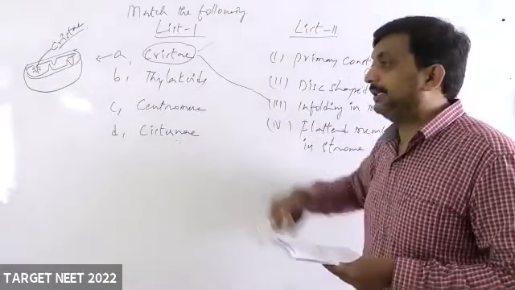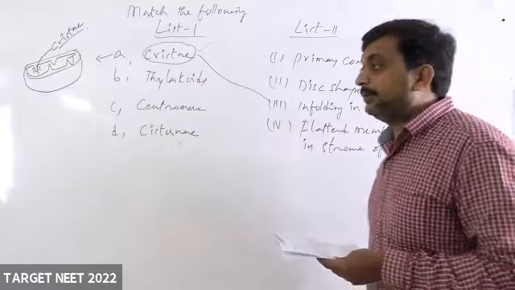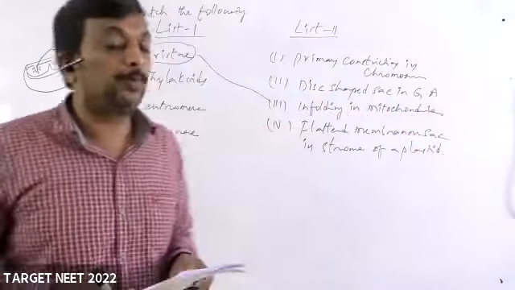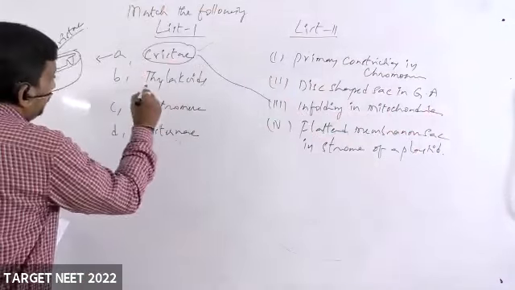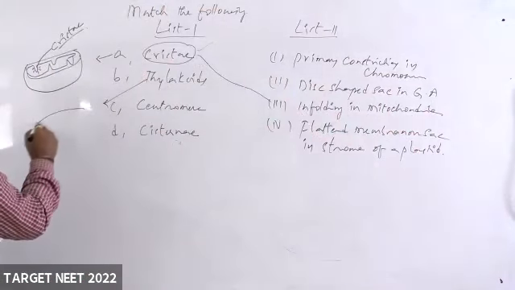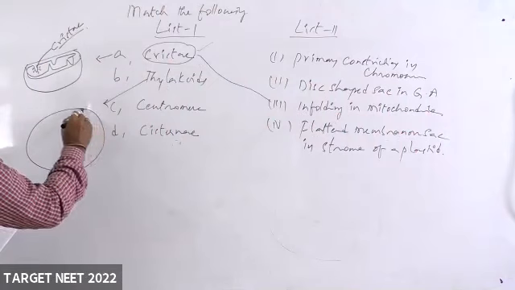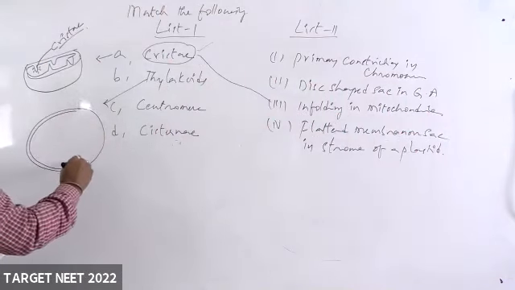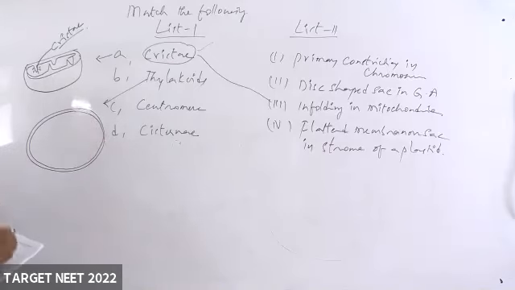Next is the thylakoids. These thylakoids are sac-like structures you can find in the chloroplast. The chloroplast is an oval-shaped, double-membranous structure.